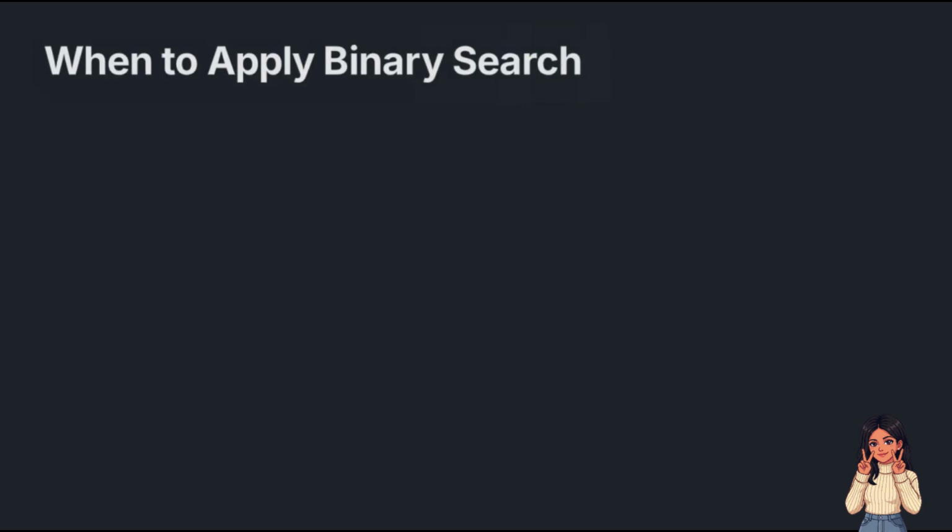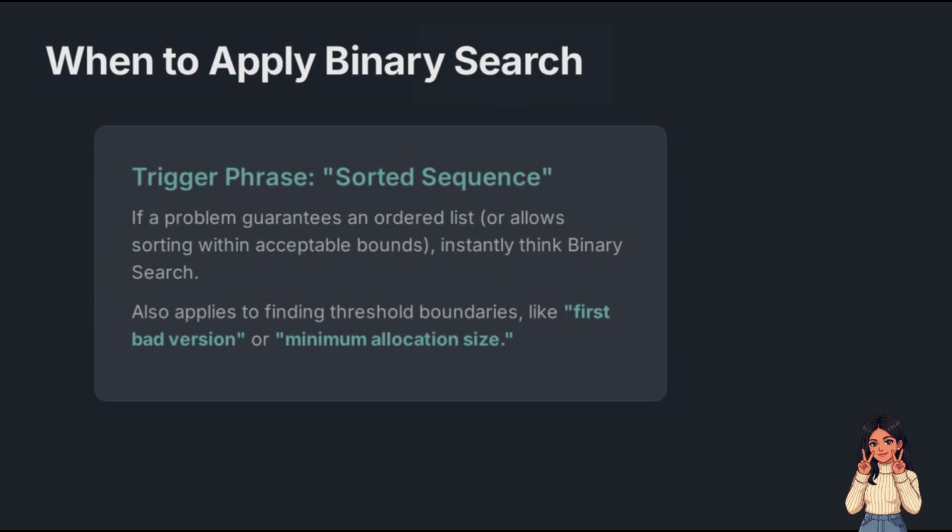So, how do you spot a situation where you should deploy this? Again, the definitive non negotiable trigger phrase is sorted sequence. If a problem space guarantees that your array or list is ordered, or if you can sort it yourself within an acceptable time bound, your brain should instantly click into binary search.